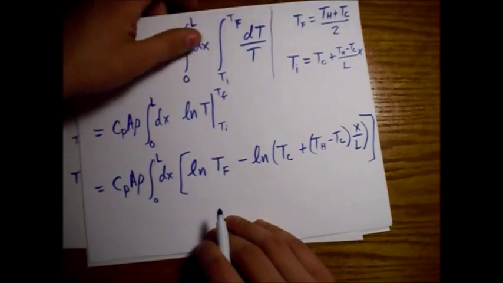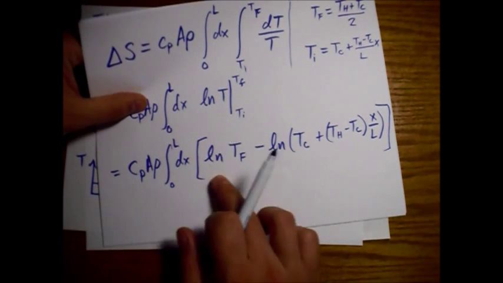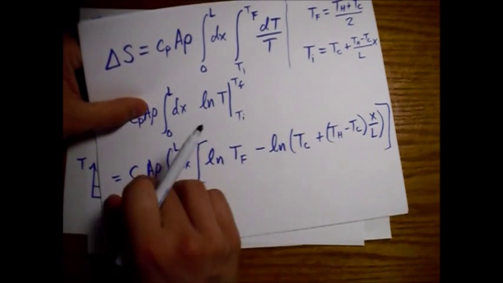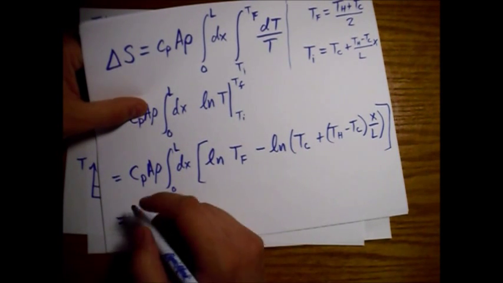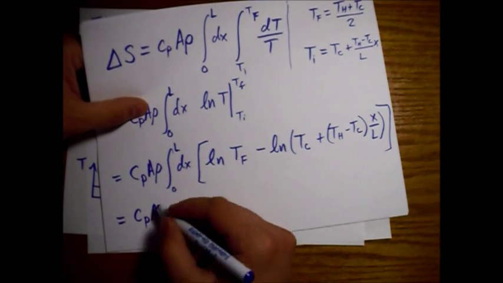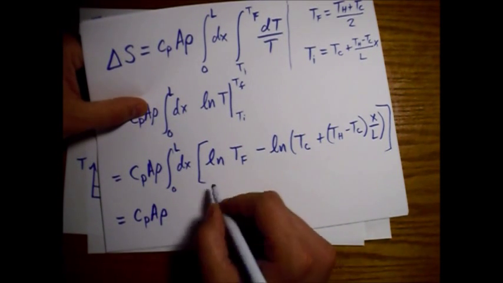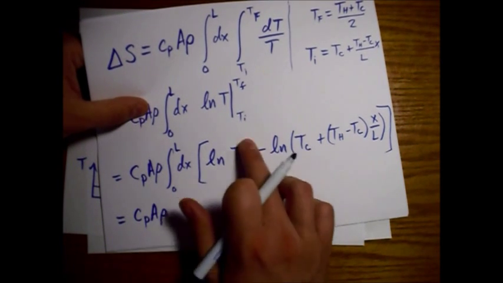So this term can just come straight on out because it doesn't depend on X at all. All right, so when we integrate this, we'll just end up multiplying it by an L.